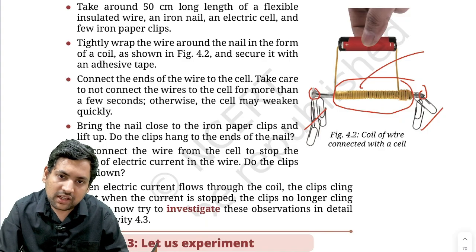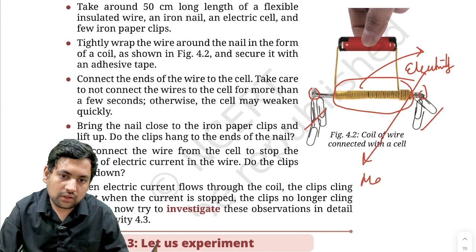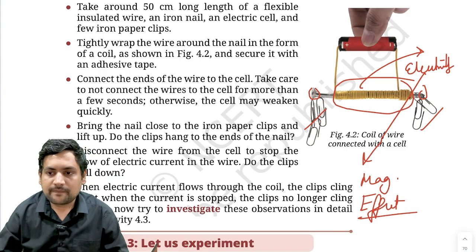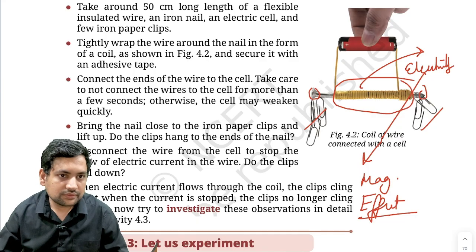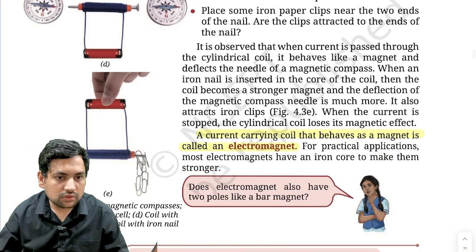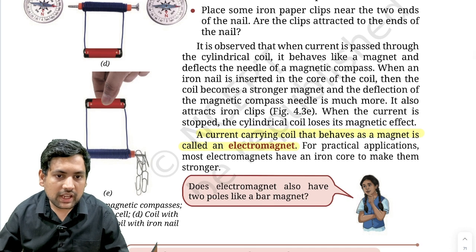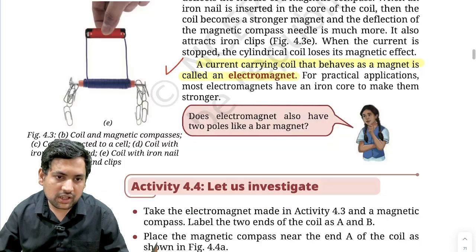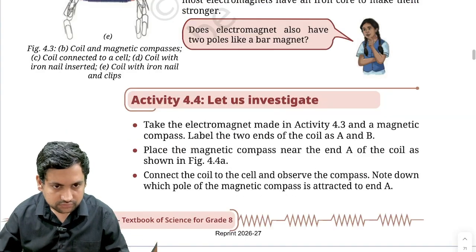That is a very clear example that because of this electricity, a magnetic effect is being generated. Understood? Now a current carrying coil that behaves as a magnet is what is called an electromagnet, that we have already understood.